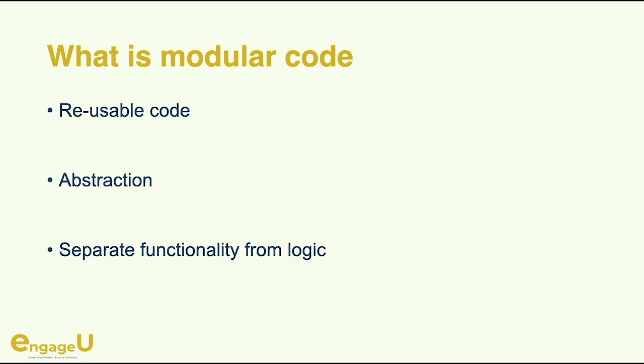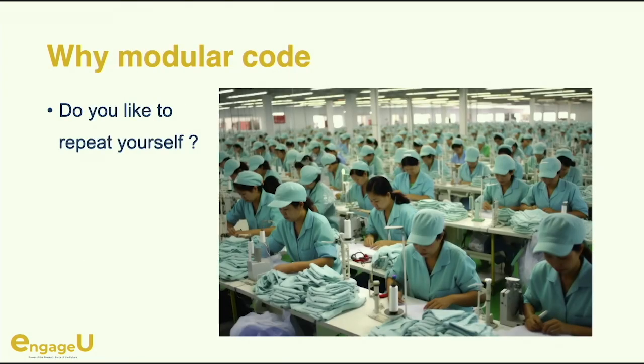So why should we even consider doing modular code, right? So the question is more, do you like to repeat yourself? No. It's not fun, right? And what we do all day long is we try to optimize the workflows for our users, our customers, so they can become smarter and work better. Why shouldn't we do the same thing for ourselves, right?